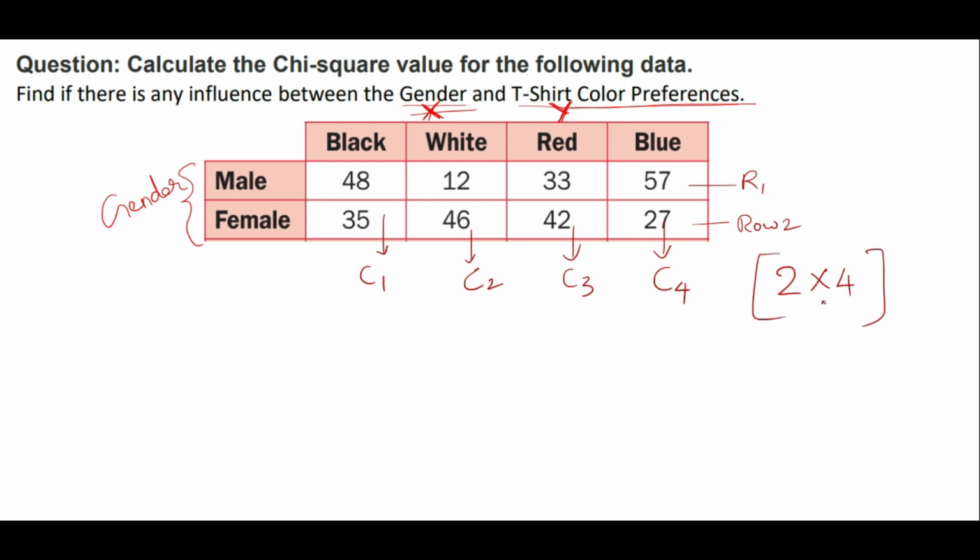Why is it a 2 by 4? Because 2 stands for the rows and 4 stands for the columns. So usually you define a matrix by the number of rows and columns. So it is row by column, and hence this is a 2 by 4 matrix.